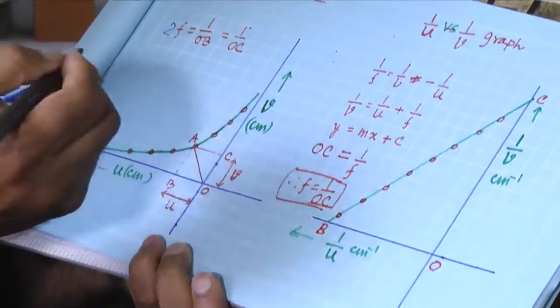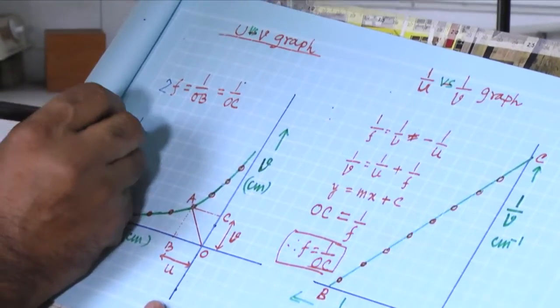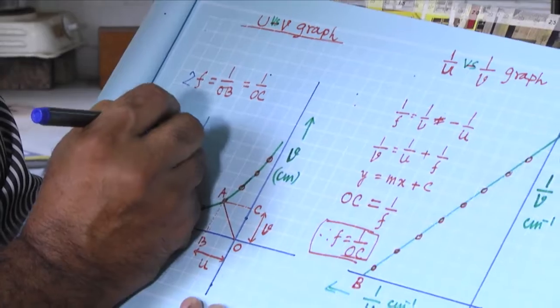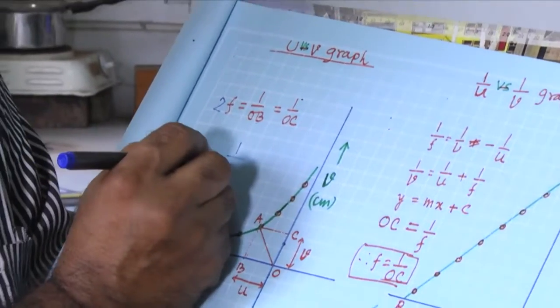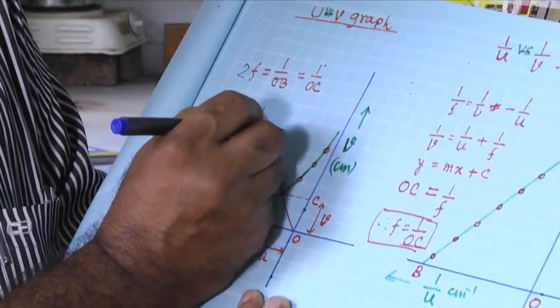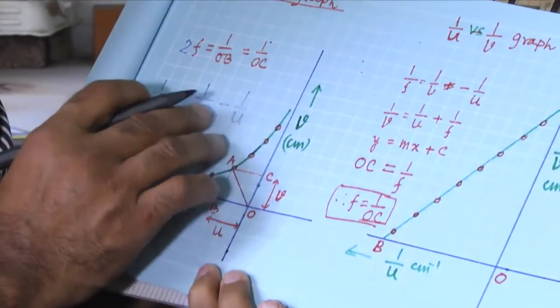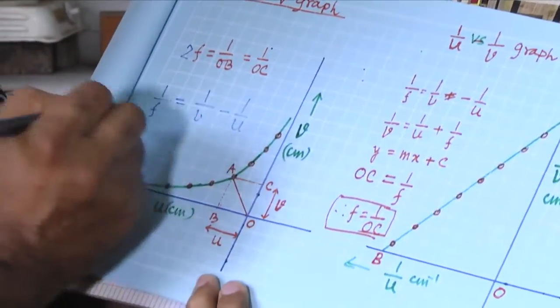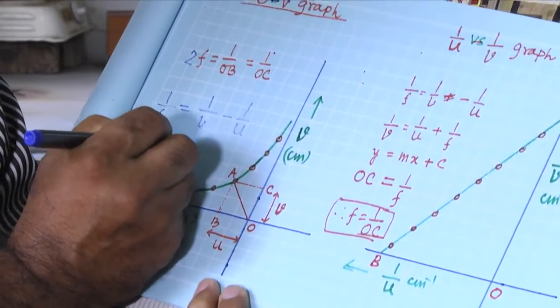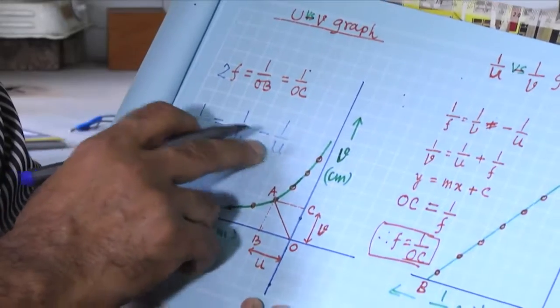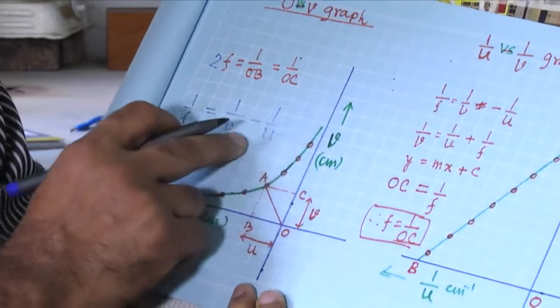What is the formula? 1 by f equal to 1 by v minus 1 by u. So when v and u are equal, the signs will be opposite. V is positive, u is negative.